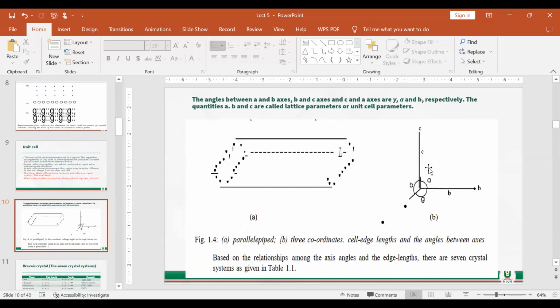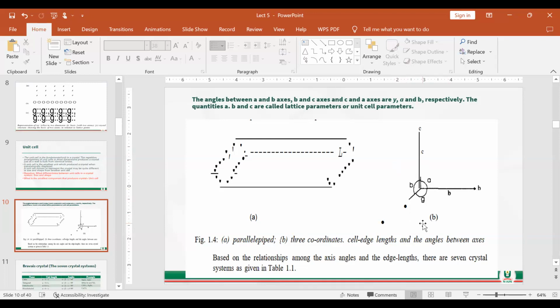Take a cube, one side, the other side, and the other side. We used to say X, Y, Z direction. In a 3-dimensional system, you have 3 angles and 3 lengths. One length is a, the other length is b, and the other length is c. That's for a typical crystal.